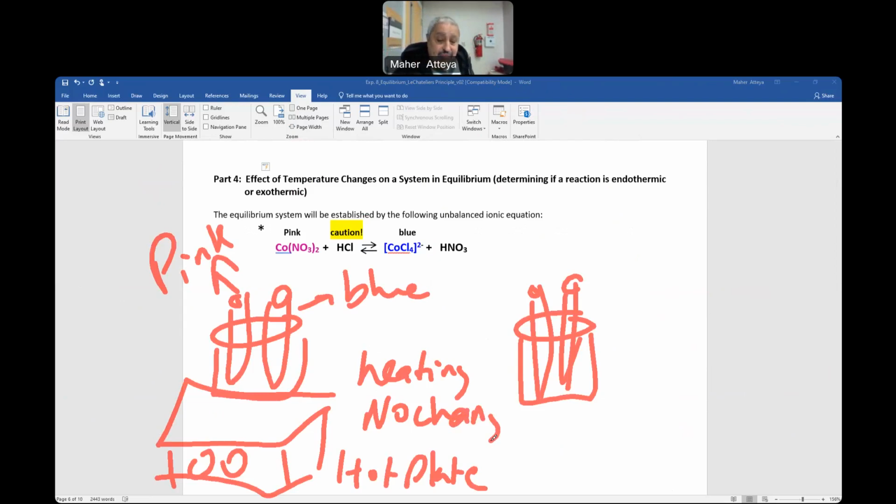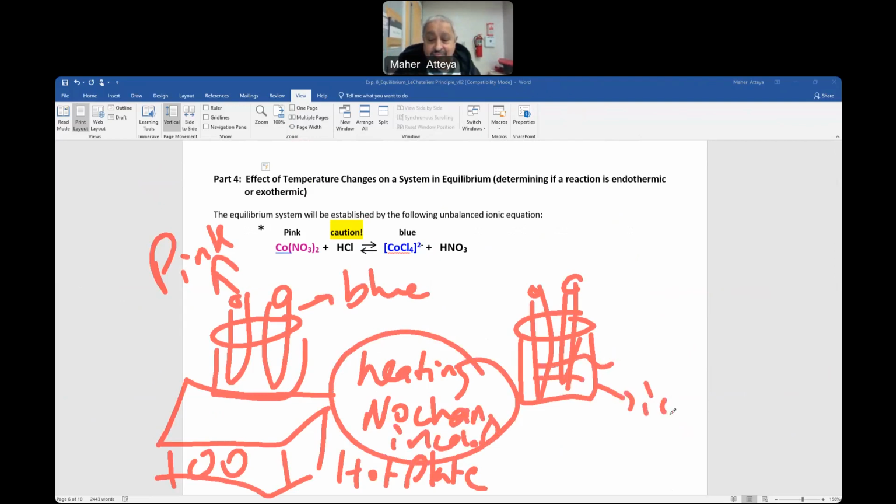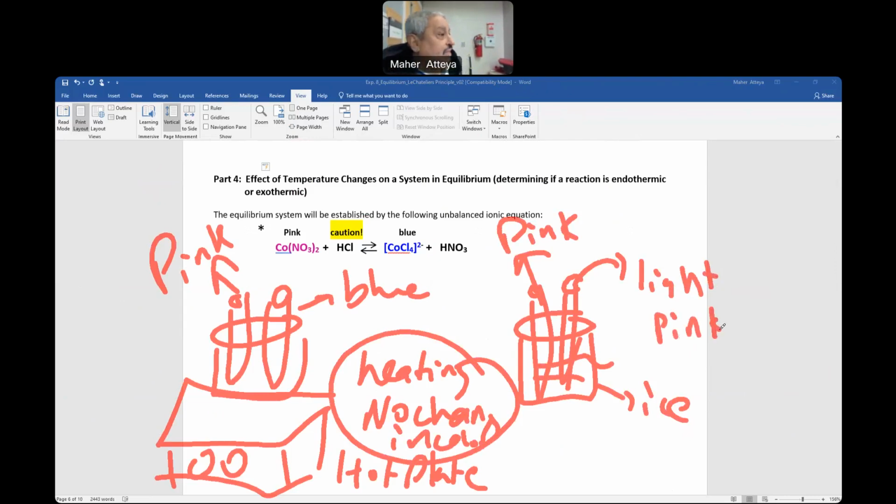But when you put this one here inside ice, the pink, we did not add anything to the pink, so it remains pink. But now the blue tends to be light pink. So what do you think happened?